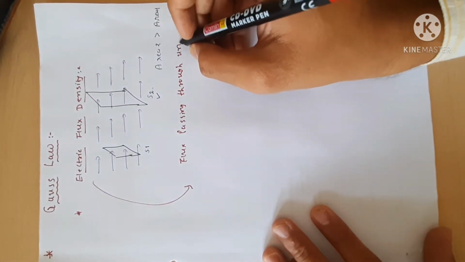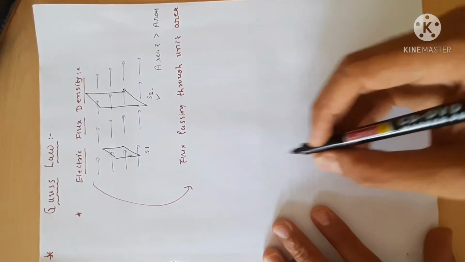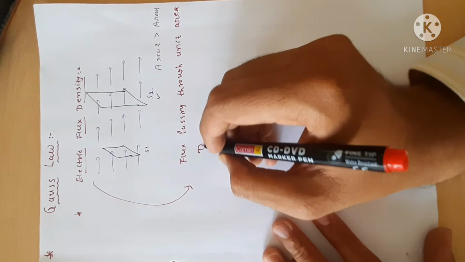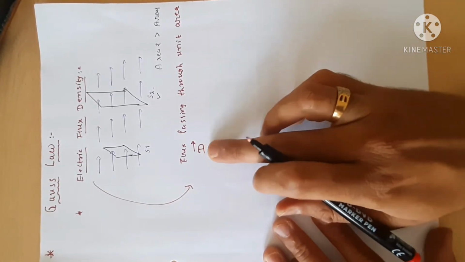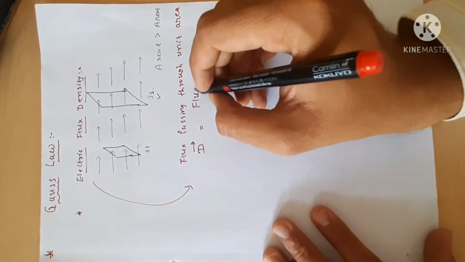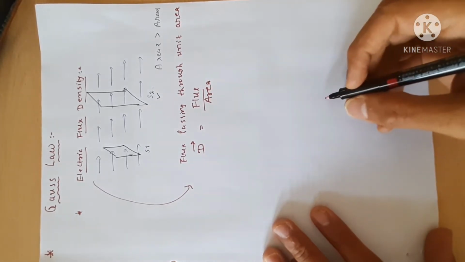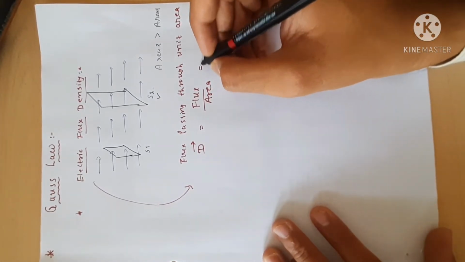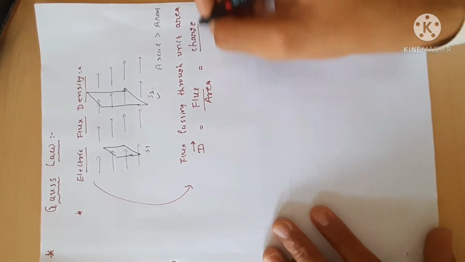Flux passing through unit area is called electric flux density, and it is denoted as D vector. So D vector is called electric flux density. You may call it flux upon area, or you may also call it charge upon area. Why it is charge upon area, we will discuss.